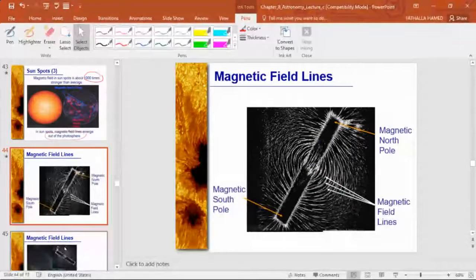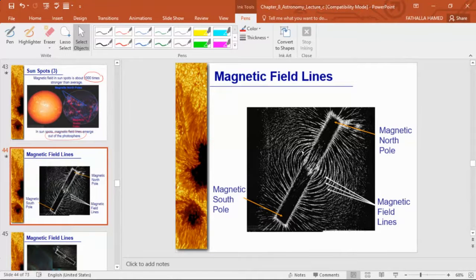Now, you probably played with this: you take a bar magnet, you put a piece of paper on top, and then you bring iron filings, and they trace the magnetic field lines. So there is something beyond the magnet itself.